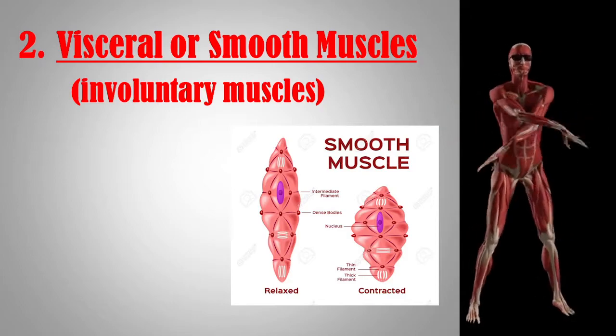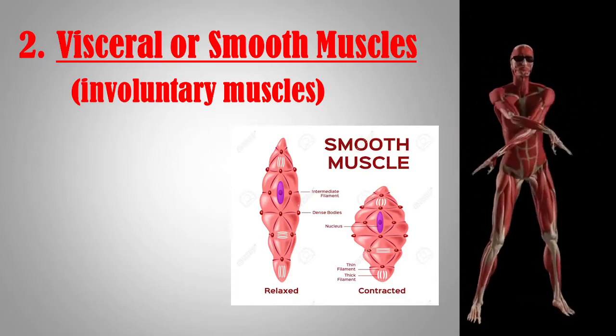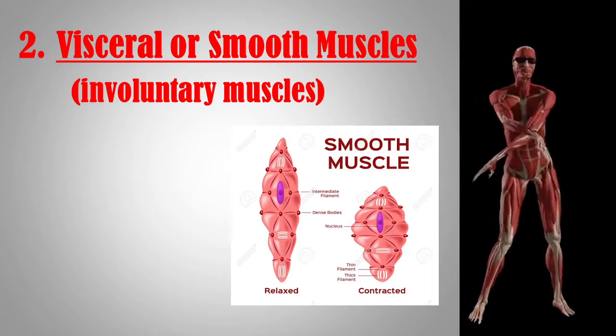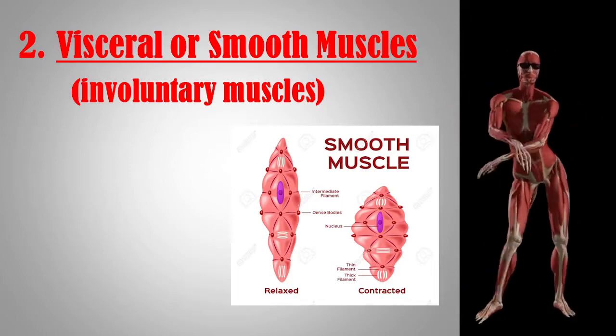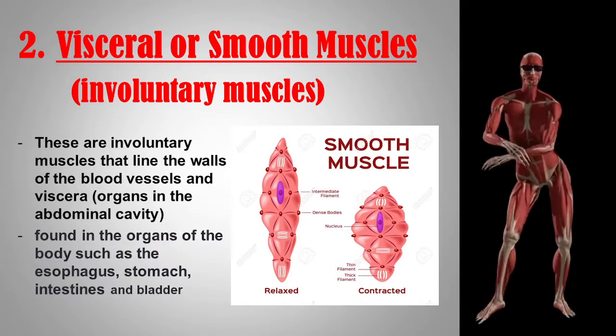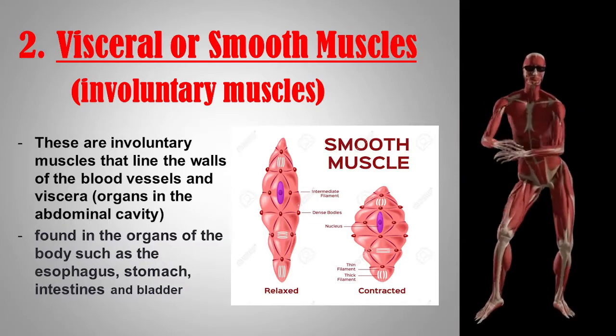That is because the wall of the esophagus is made up of visceral or smooth muscles. The walls of the stomach and the intestines are also made up of smooth muscles. Other organs like our bladder and our uterus also have smooth muscles.